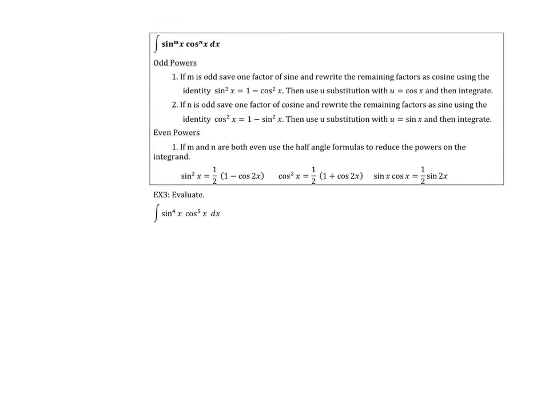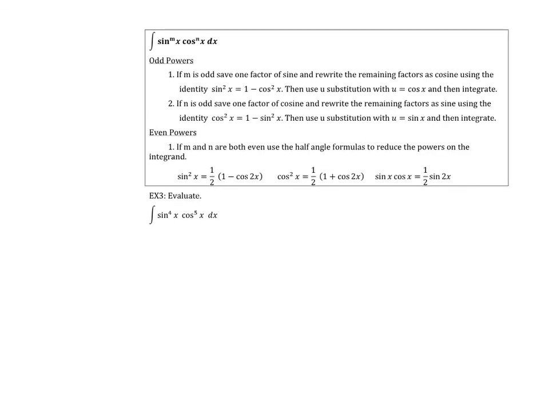So what we're going to do now is we're going to look at what happens when we have products of sine and cosine. So let's say that the exponent on sine, this m value, is odd. Okay, so what we're going to do is what we did before when we had an odd power. We're going to save one factor of sine.